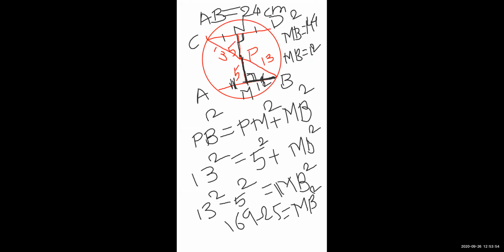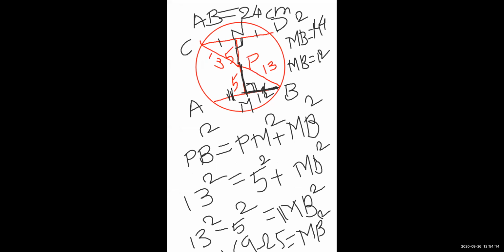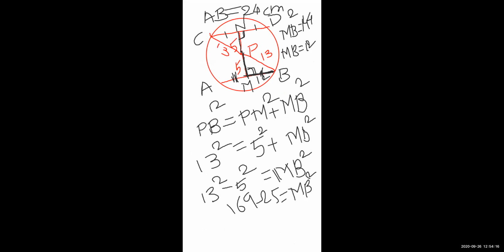As this AB is 24, so CD is also 24. Okay. So I hope you understood this one. Okay, fine.